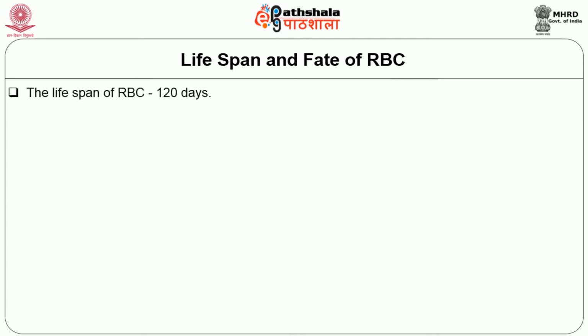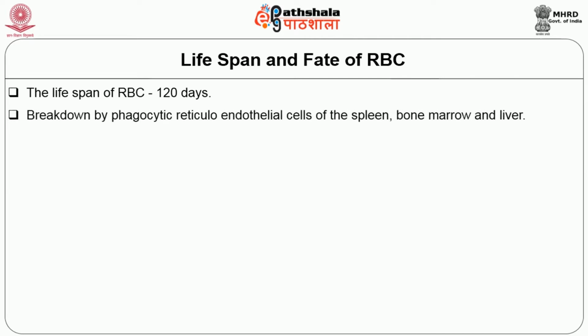The lifespan of RBC is 120 days, after which they disintegrate. Their breakdown is carried out by the phagocytic reticuloendothelial cells of the spleen, the bone marrow, and the liver. As erythrocytes age, their cell membranes become more fragile and so more susceptible to hemolysis.